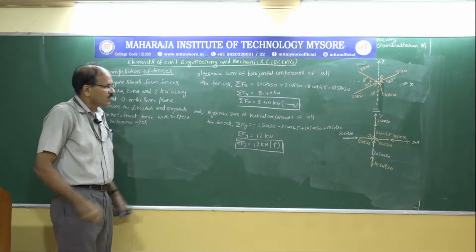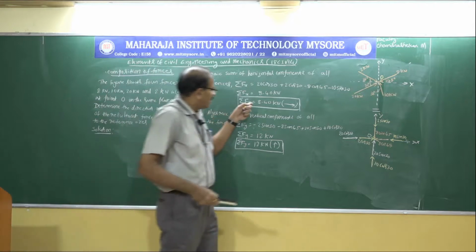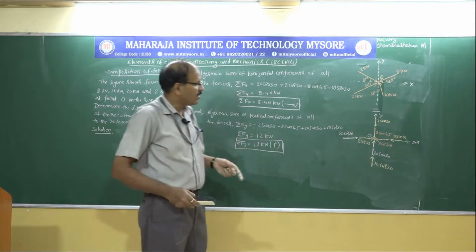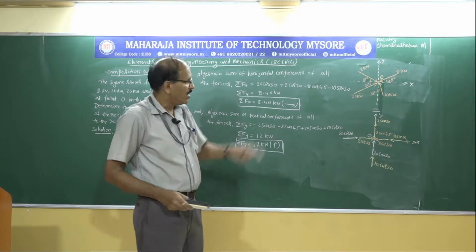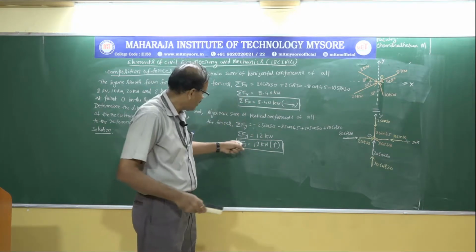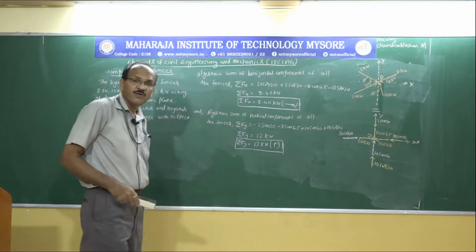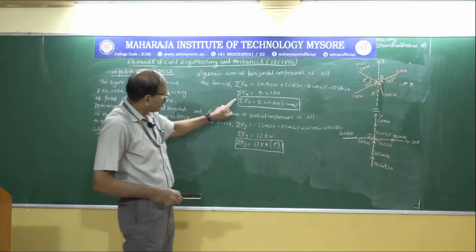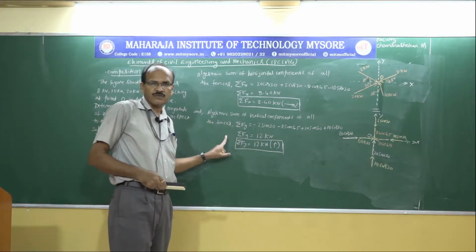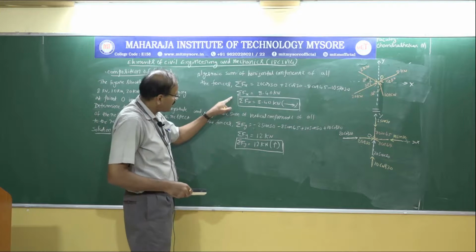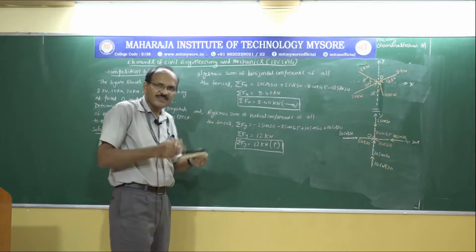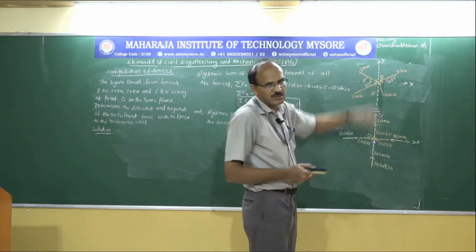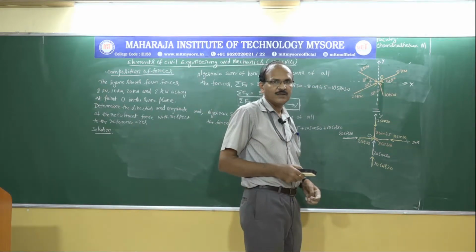Okay. So these are the algebraic sum of all the horizontal components of all the forces. Similarly, this is in the vertical direction. So I need to find out what is the resultant of these two forces. The resultant of these two forces is the final resultant value, that is the resultant of all the forces put together.